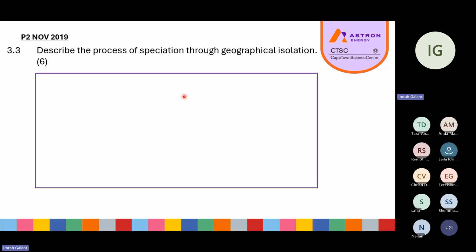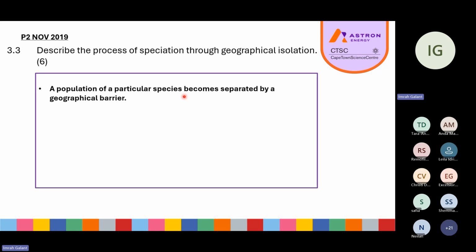Also, this is a very generic way of mentioning geographical isolation. Sometimes you have to specify the process of speciation through geographical isolation to the question provided. Okay, but let's just go through the process.